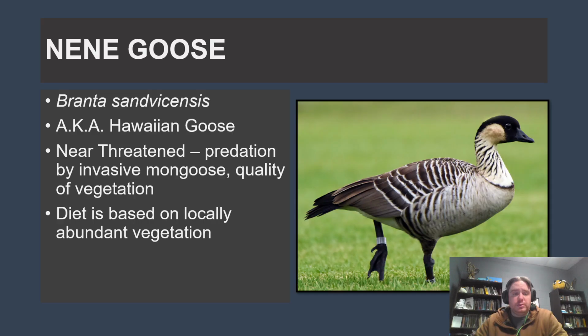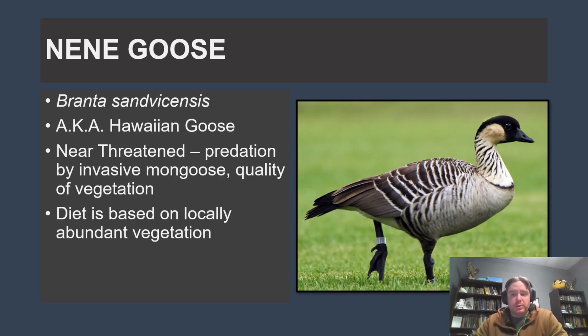So the species is near threatened. It's a species of Hawaii where the mongoose is an invasive mammal that is a predator to these birds, and so that's a big deal for them. Obviously, you have an unchecked predator killing a lot of those individuals, and that suppresses their populations.